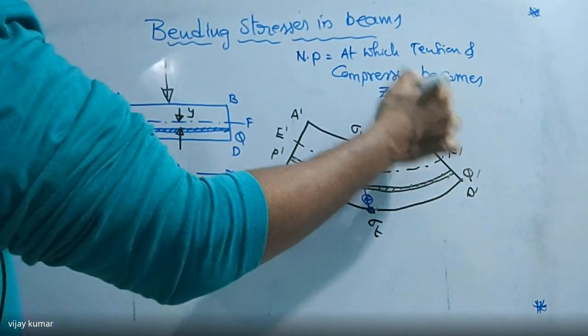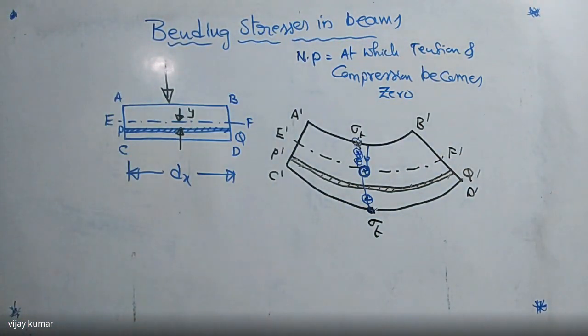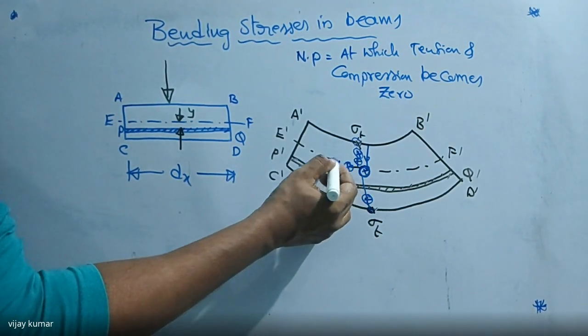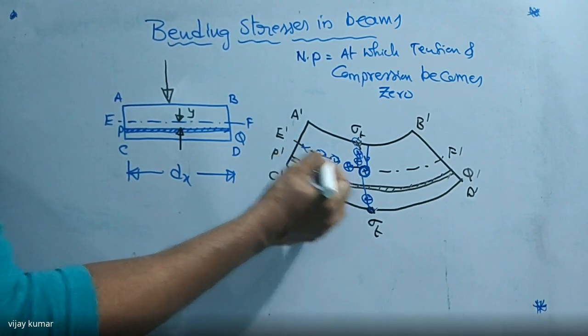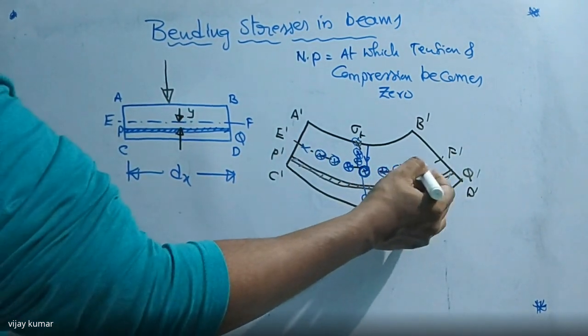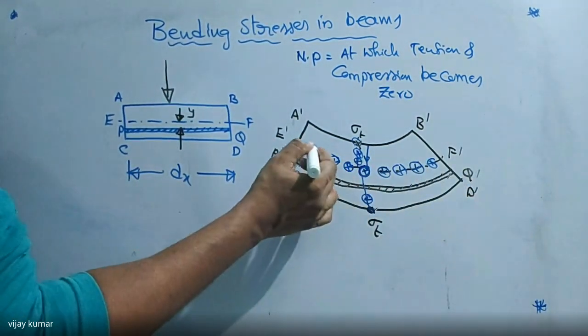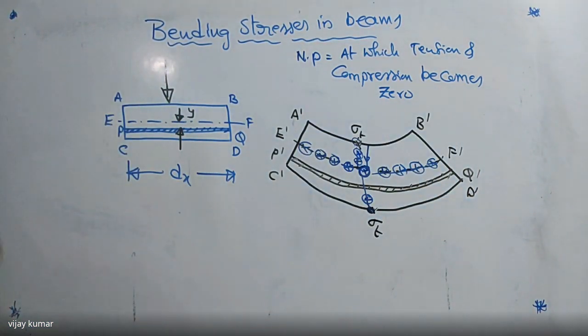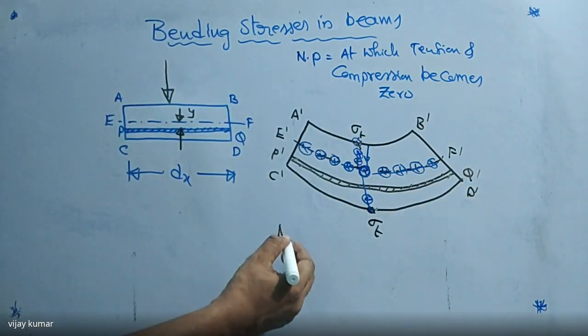So we are getting a number of neutral points here. If you join all the neutral points, we get the neutral axis.